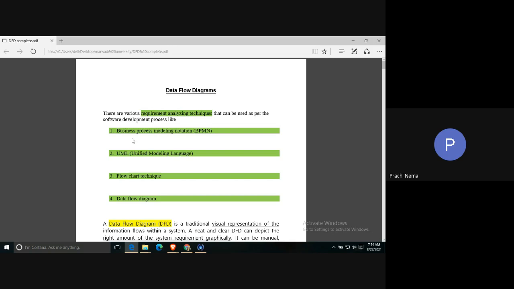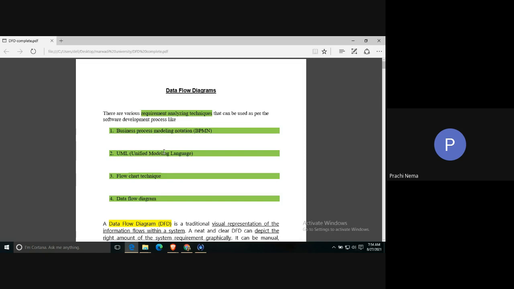First one is business process modeling notation, that is BPMN. Business process modeling notation is a standard format which is one of the oldest ones, so not used mostly nowadays. Second is UML, that is Unified Modeling Language. Till now, you have studied all the categories of diagram which belong to this UML, like activity diagram, use case diagram, collaboration diagram.